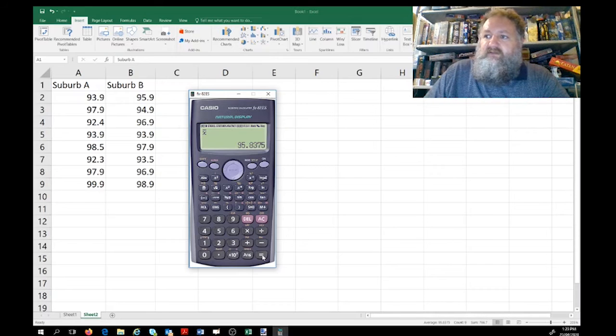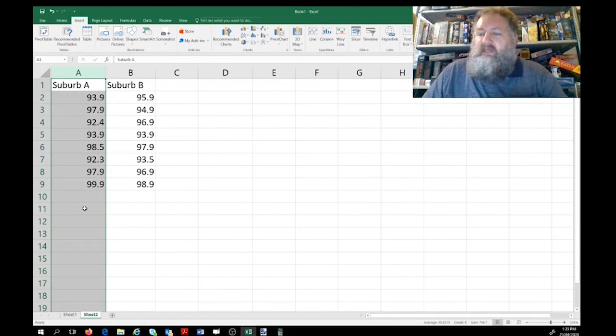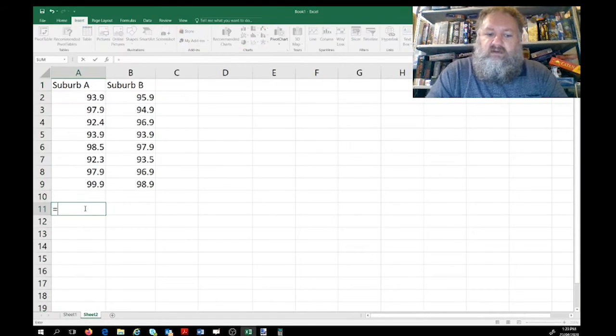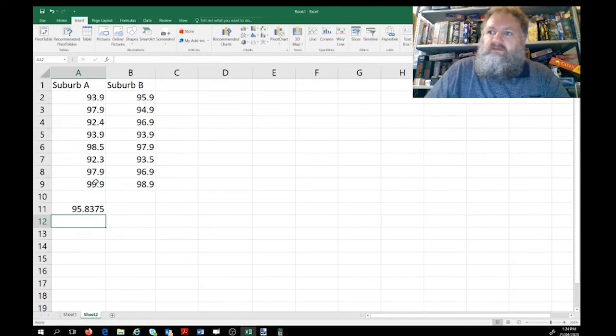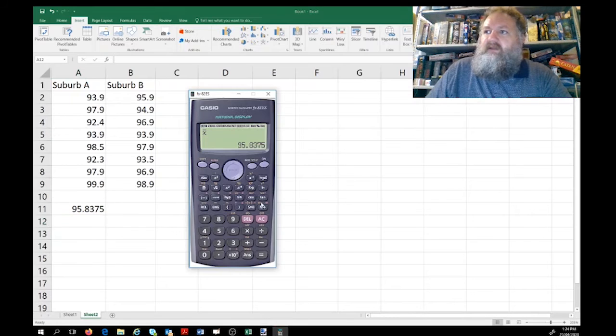Okay, that's the average. And in fact, we could double check that. If we're in Excel, if we type average, and then choose our range and hit equals, then you'll see that it's the same number, because that is the average for our information.